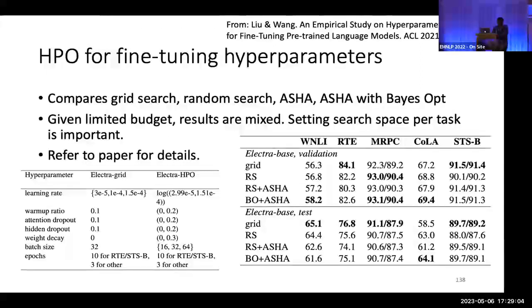All right. This paper by Liu and Wang, relatively recent, looked at HPO for fine-tuning of hyperparameters. And I think this is getting more relevant to our recent age of this pre-training fine-tuning paradigm, right? So they looked at this Electra model, kind of like a BERT model, and they're going to fine-tune it on their specific task.